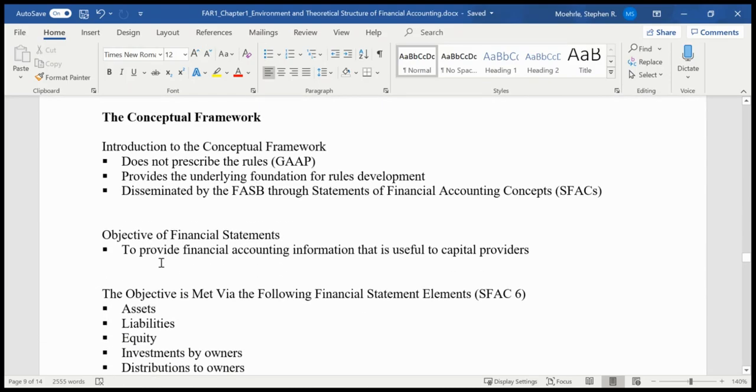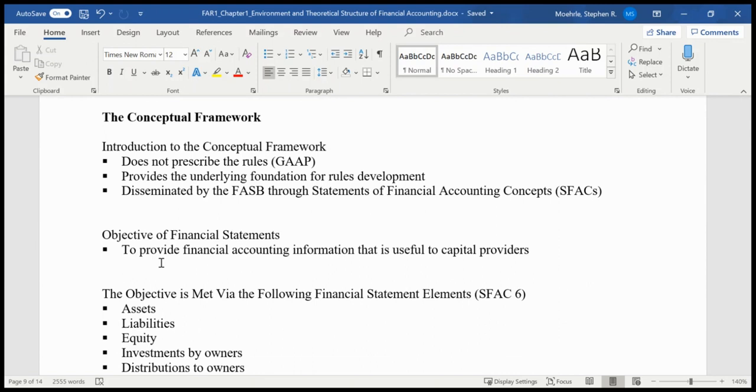Okay, let's turn our attention to the conceptual framework. Now, what in the world is the conceptual framework? The conceptual framework does not prescribe the rules per se. It provides the underlying foundation for the development of these rules.